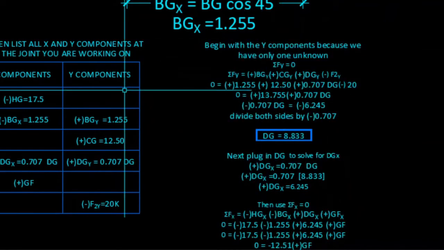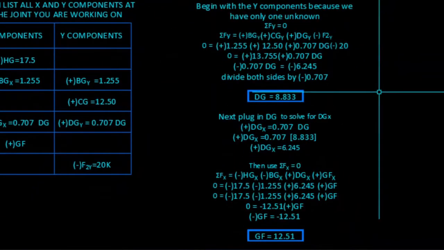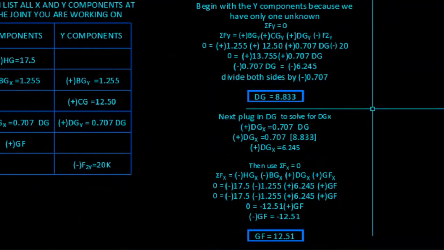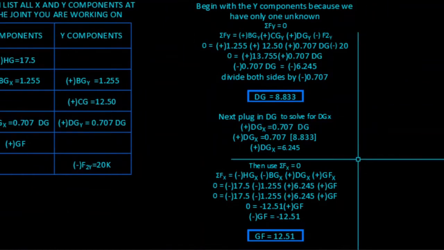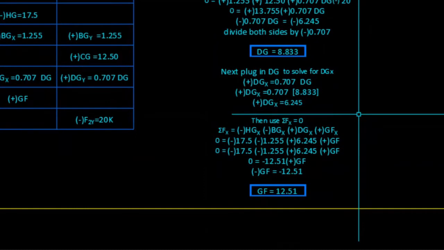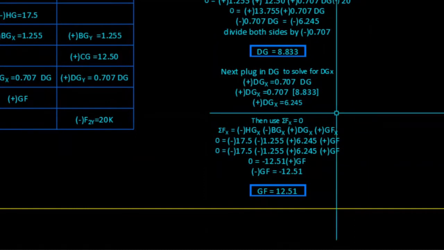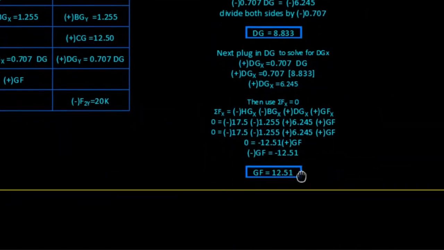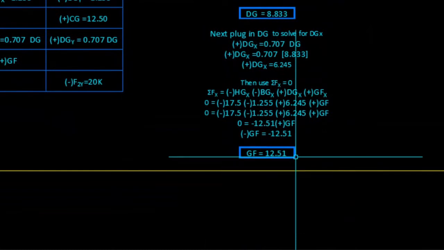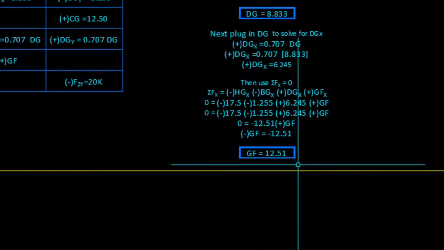Because we only have one unknown in the y components, we find that DG is equal to 8.833, and then we can plug it in to solve for GF. And we find that GF is equal to 12.51.